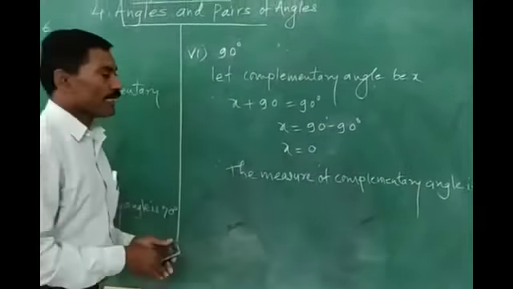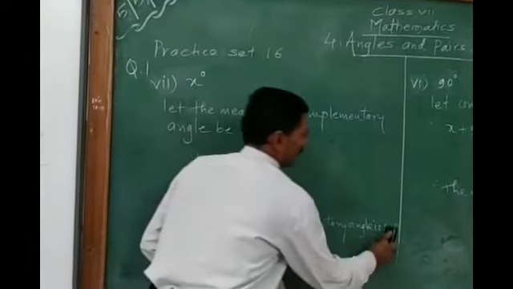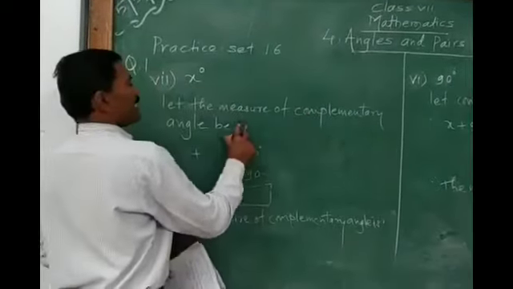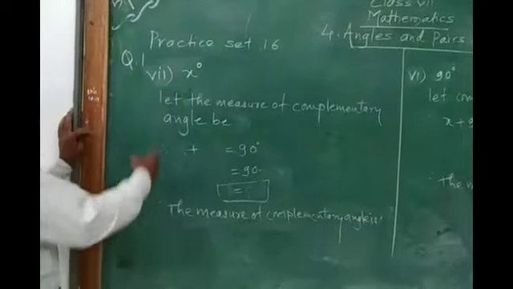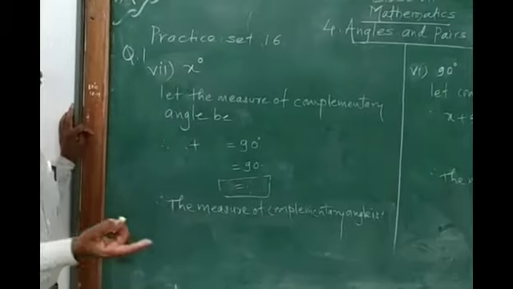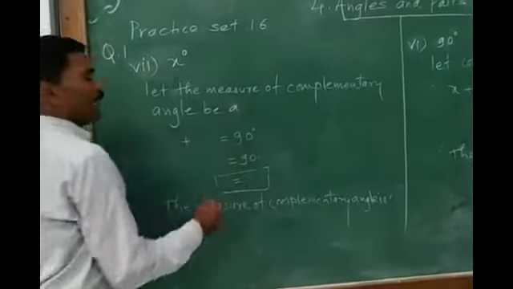Now, the last, the seventh, is x degrees. In this case, we cannot take the measure of the complementary angle as x, because x is already given there. Therefore, we can use another alphabet. Let the measure of the complementary angle be a.